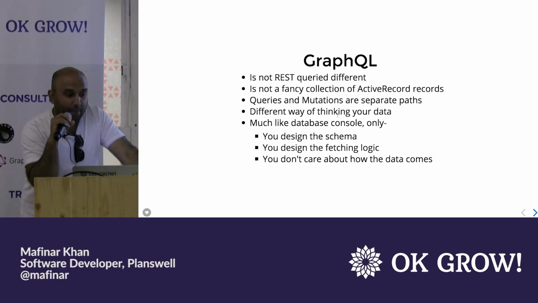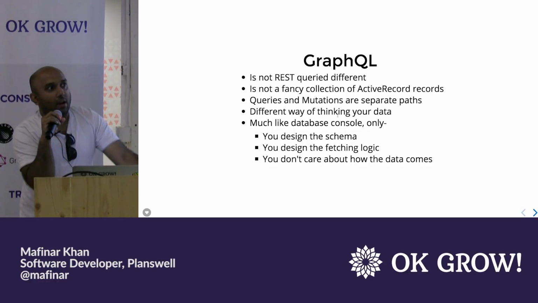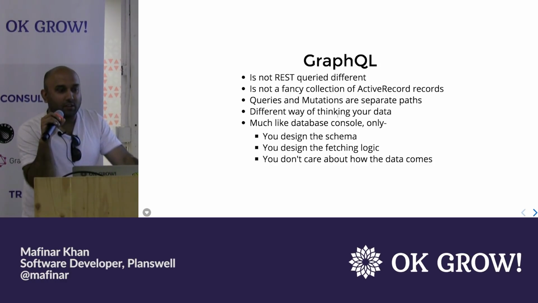Then we realized that GraphQL is not REST done differently. Your GraphQL schema has nothing to do with the database or anything else. You don't even have to think about the database when you're designing your GraphQL schema.